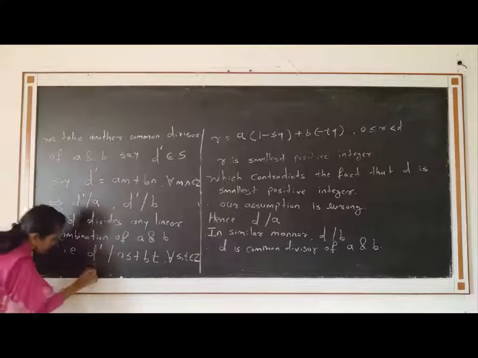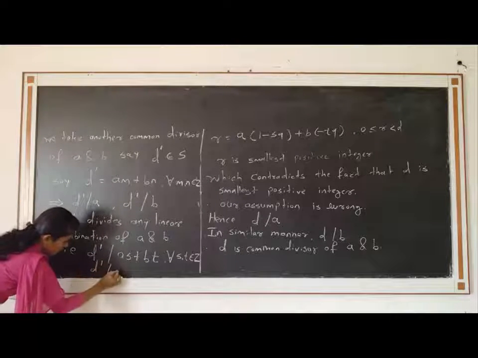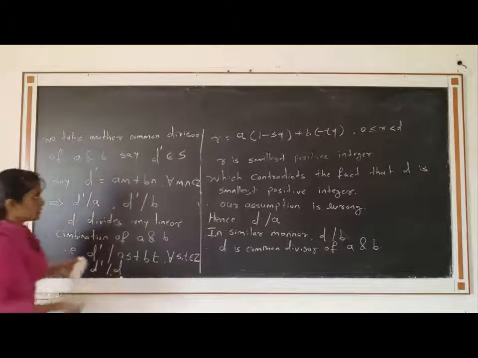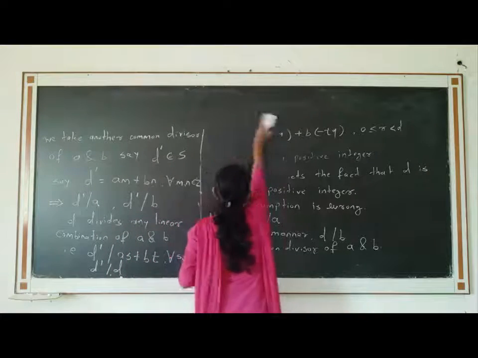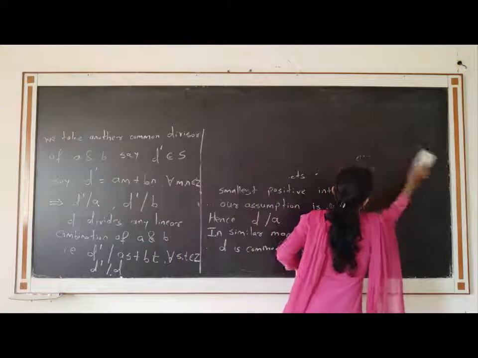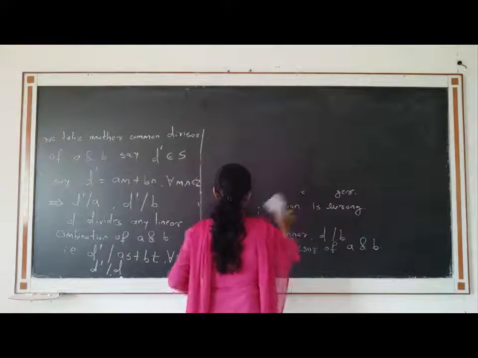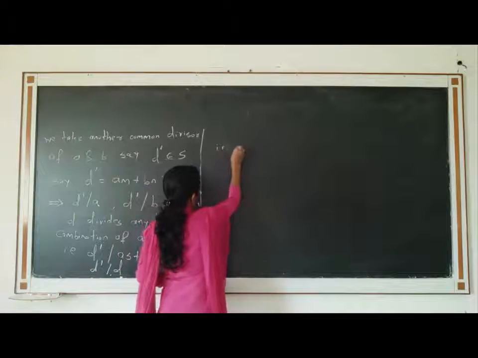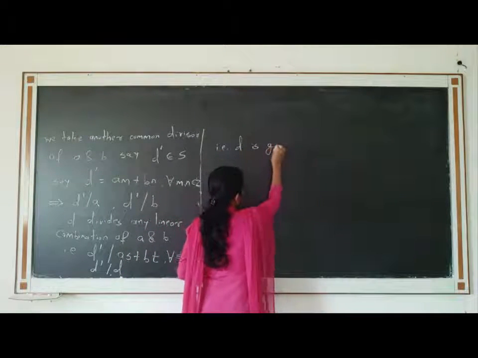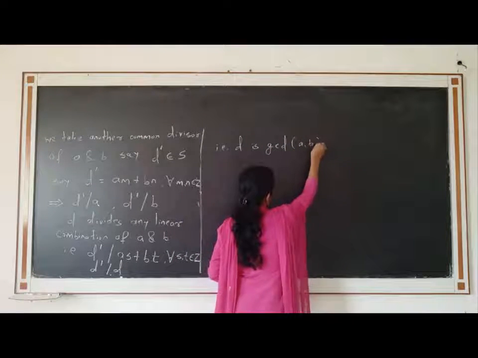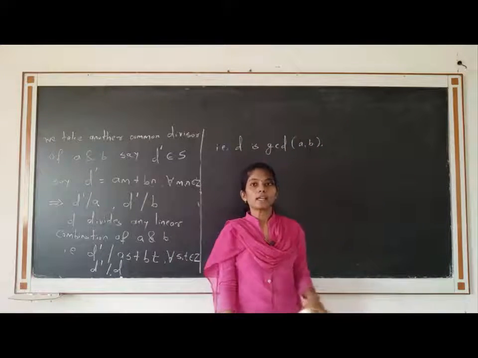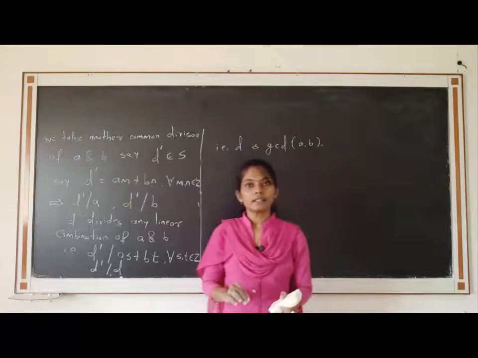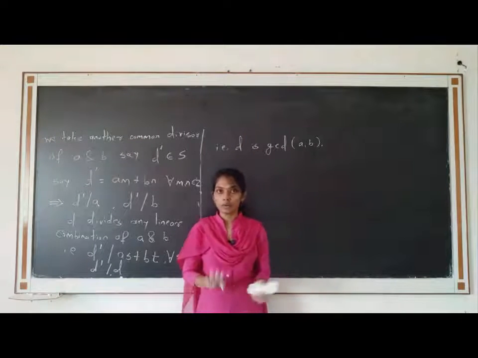So here that means D dash divides D. So that means we get D is a greatest common divisor of A and B. That is, D is the GCD of A and B.